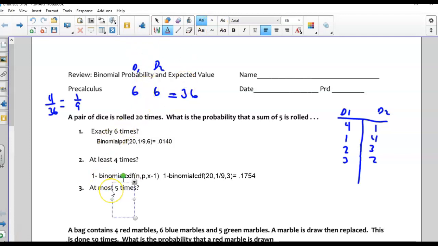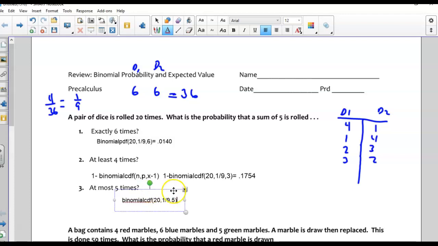Now for at most. When you see at most, this is a binomial CDF as well, where the number of trials is 20, the probability is 1/9, and the number of specific events right here is going to be 5.